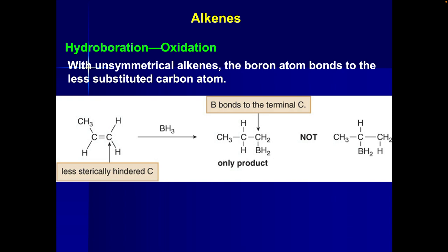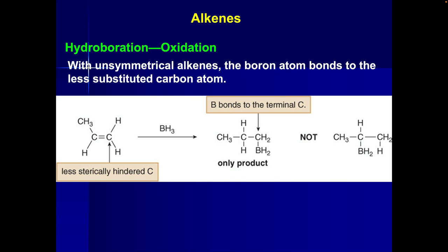Well, if I number the alkene, 1, 2, 3, which carbon gets the boron? 1, which has the most hydrogens. Oh, wait a second. This isn't Markovnikov's rule, is it? The hydrogen's not going to the carbon with the most hydrogens. It's going to the carbon with the least hydrogens. So this is an anti-Markovnikov addition of BH, or boron and hydrogen, across a carbon-carbon double bond. That's how that works. It's the only product you get.